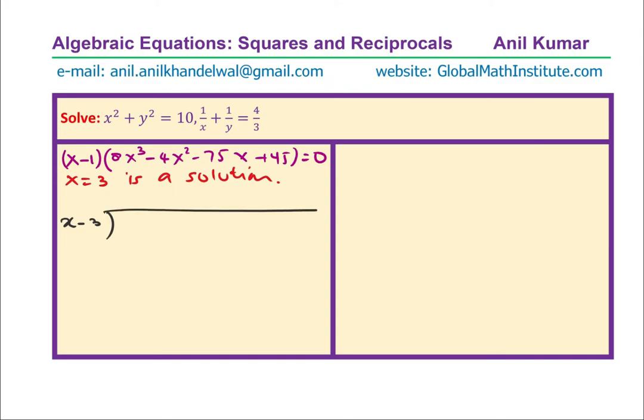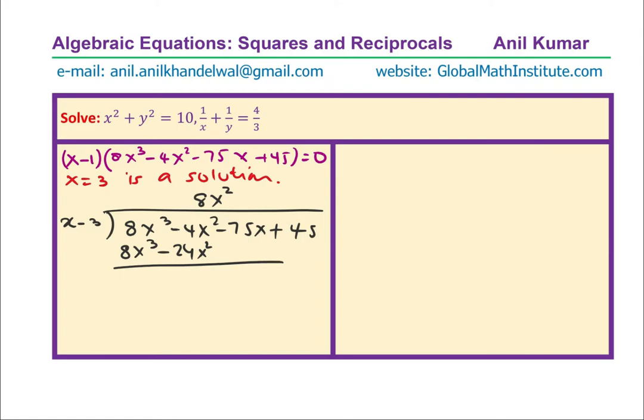Perform the long division on 8x cubed minus 4x squared minus 75x plus 45. x minus 3, 8 times x squared, and we get 8x cubed minus 8 times 3, 24x squared, and that gives me 20x squared minus 75x.